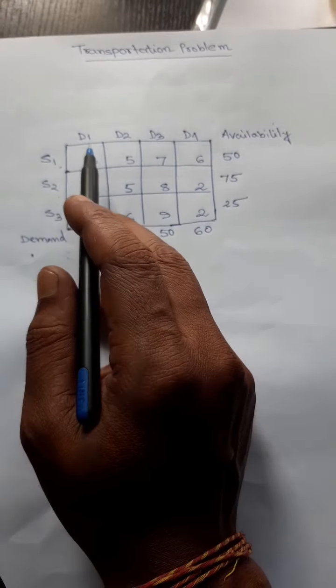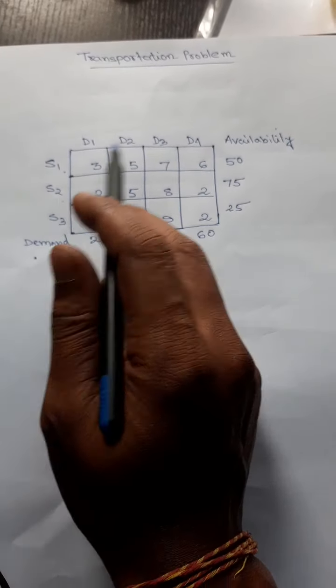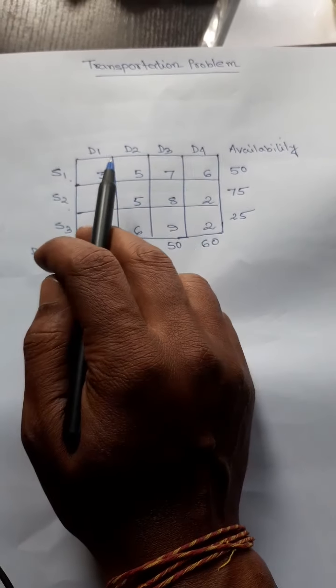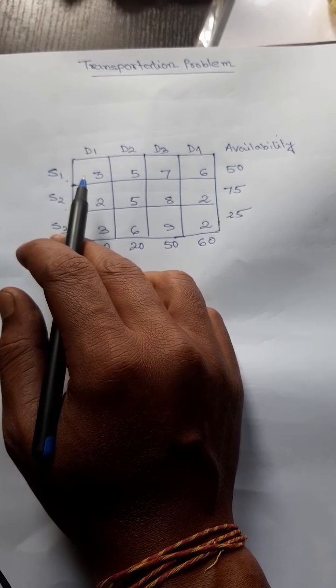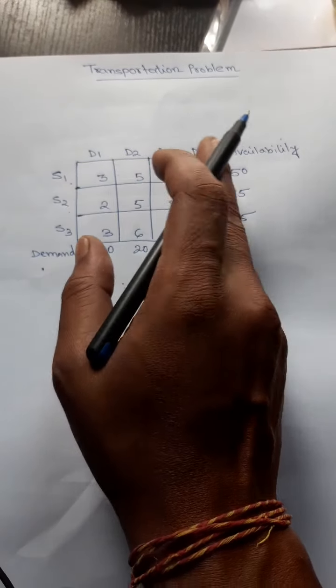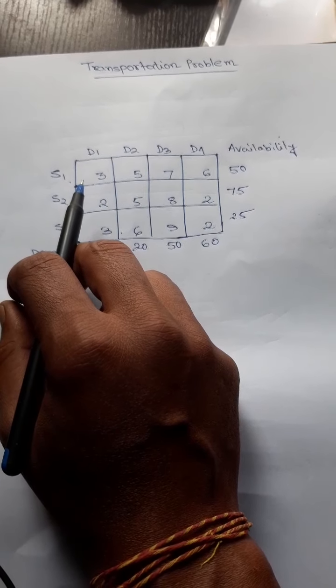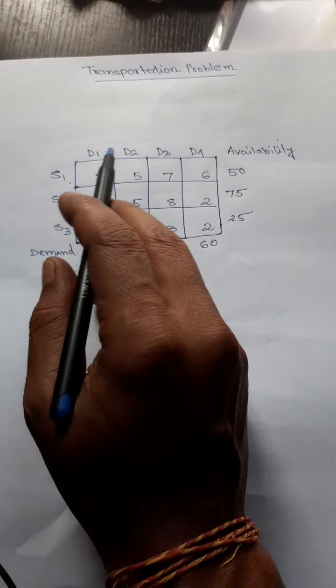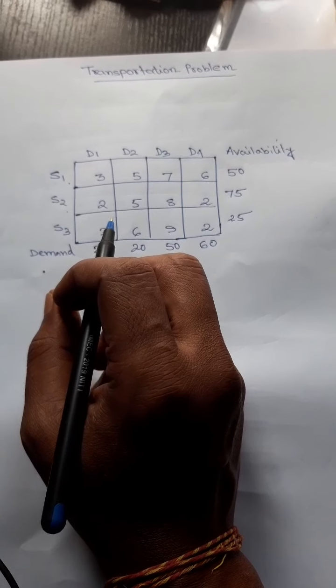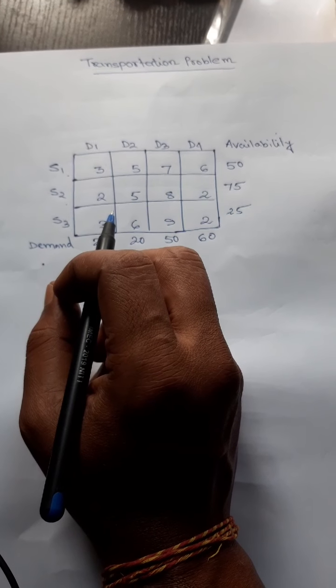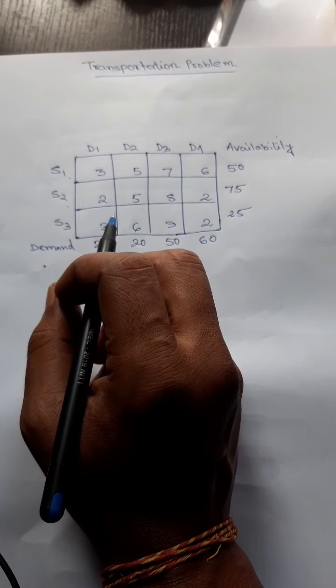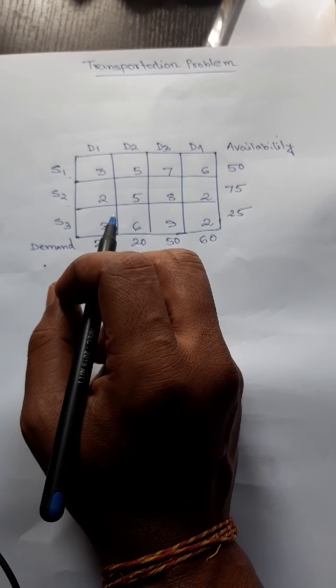In this method, these are all cells where we need to allocate something. Right now, these are all unallocated cells. Among the unallocated cells, first you need to find the cell which is in the northwest corner.